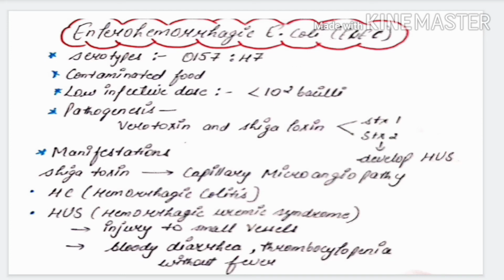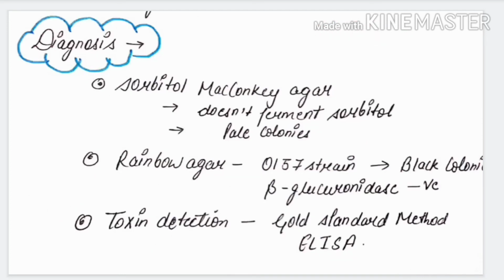Next we have the diagnosis of enterohemorrhagic E. coli. We can use sorbitol MacConkey agar for the diagnosis of EHEC. It has different characteristics from other E. coli strains: it cannot ferment sorbitol, whereas other strains of E. coli ferment sorbitol.